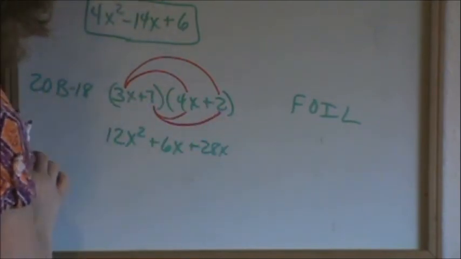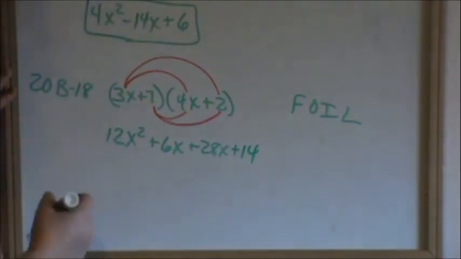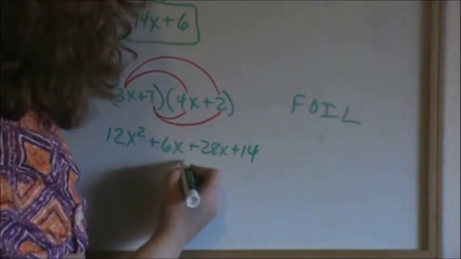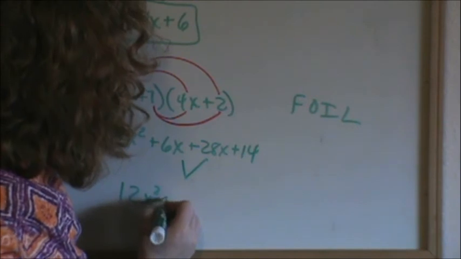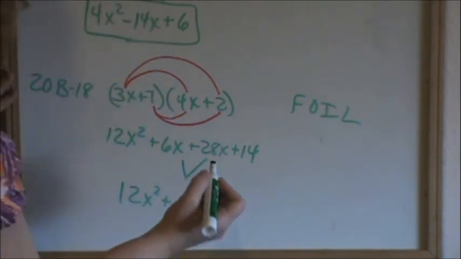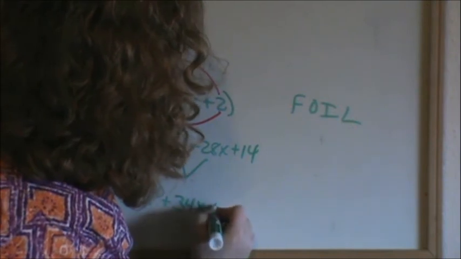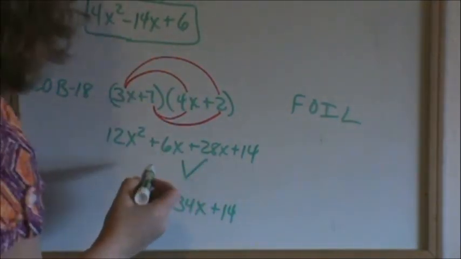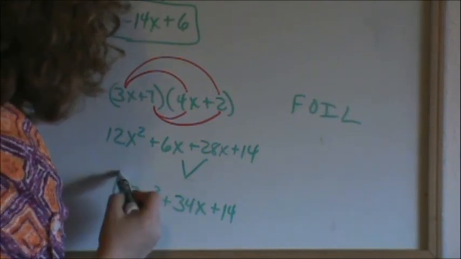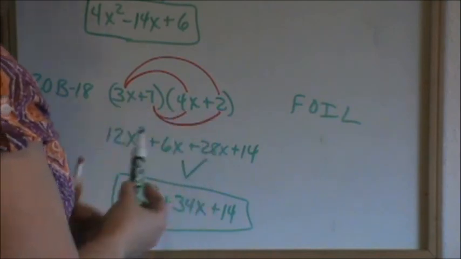A positive 7 times a positive 2 is a positive 14. Now we can combine our x terms. So we have 12x squared plus 34x plus 14. Make sure I did my math right. Okay, and that would be your answer, your trinomial, for multiplying these two binomials together.